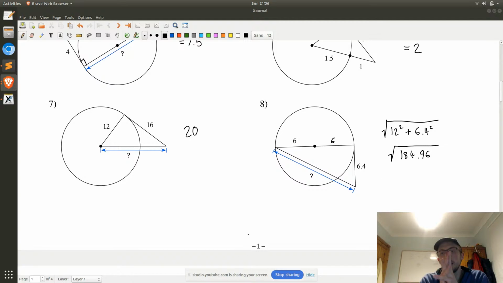No, check it yourself. 13.6 squared. So we get 169 plus 13 makes 182. Now plus 3.6 makes 185.6, and plus that extra, we see it is. Just have to push and check.